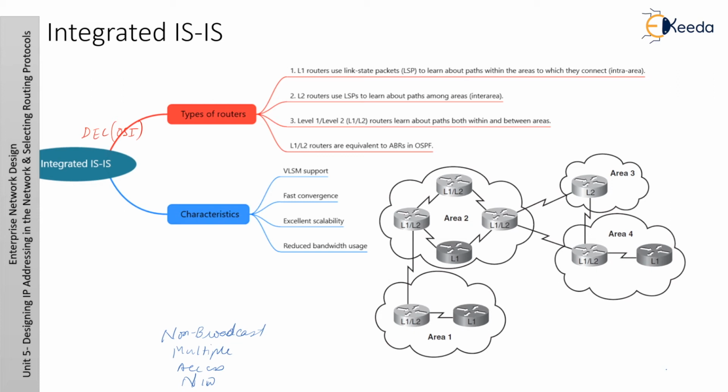The OSI suite uses Connectionless Network Service, CLNS, to provide connectionless delivery of data, and the actual layer 3 protocol is the Connectionless Network Protocol, that is CLNP. CLNP is the OSI suite solution for the connectionless delivery of data.